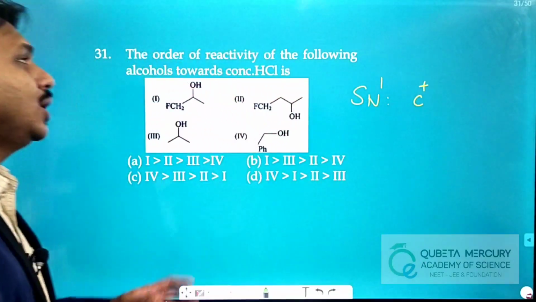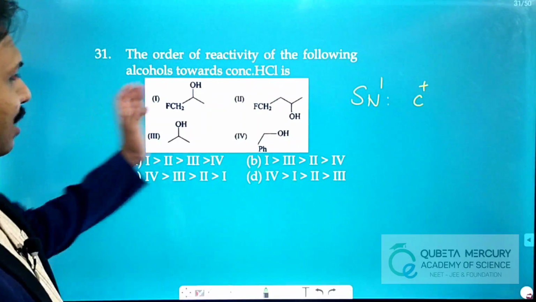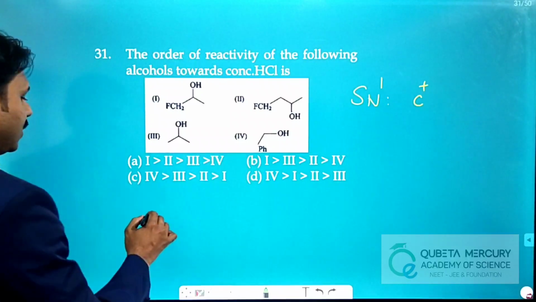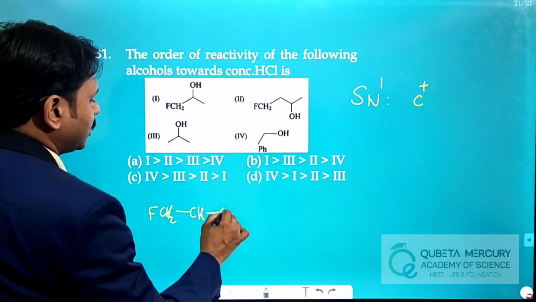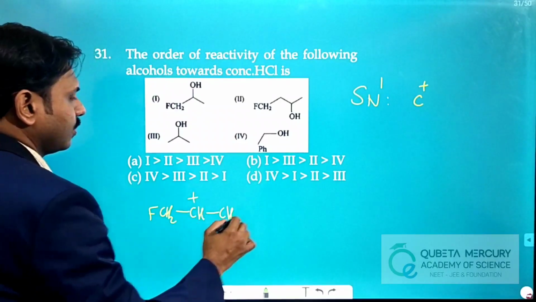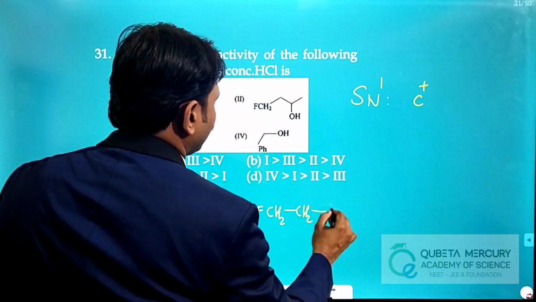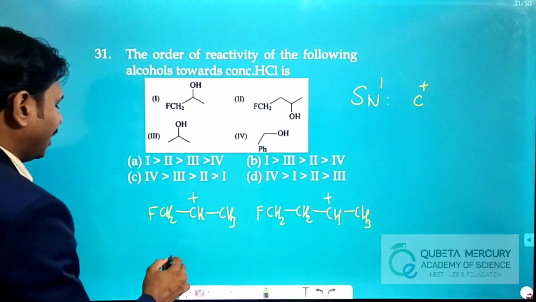So the other meaning of this question is which of the following can form a stable carbocation? Among these, the carbocations formed in all cases I am writing here. The first one is FCH2CHCH3 plus, then FCH2CH2CH plus CH3. Compare their stability.